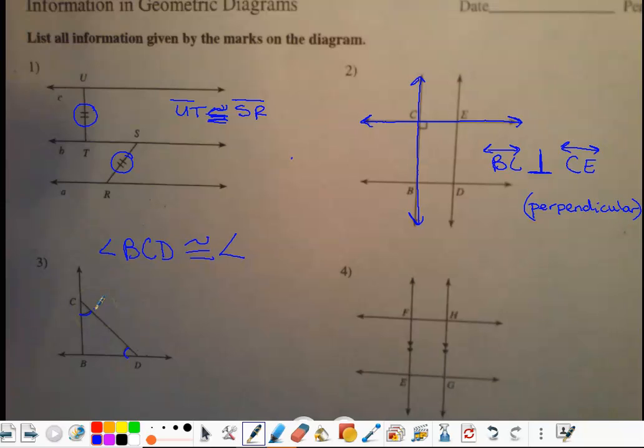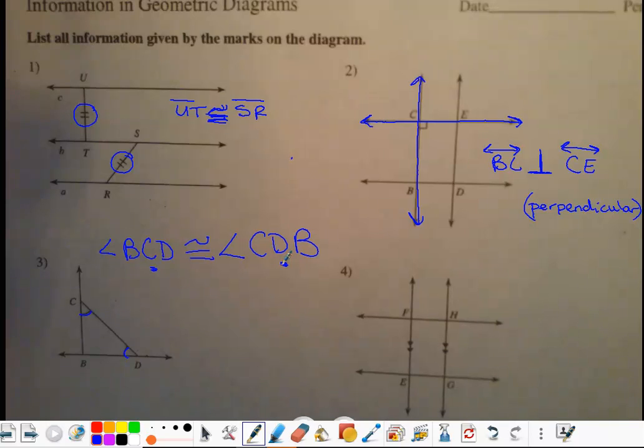CDB. We can call it CDB, because our vertex here is C, or you could name it angle BDC. We have one with a vertex of C and one with a vertex of D.